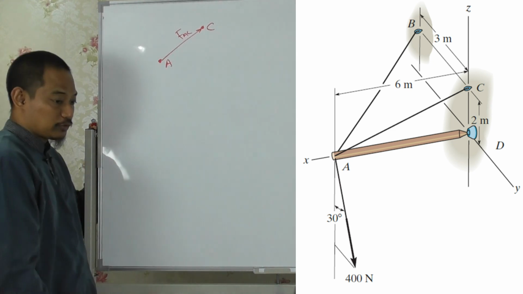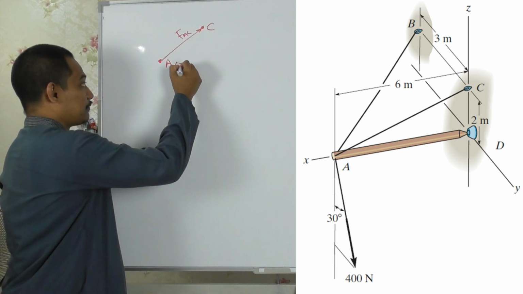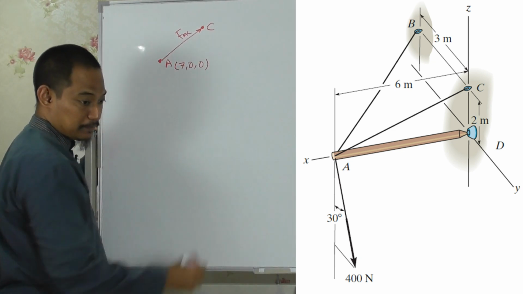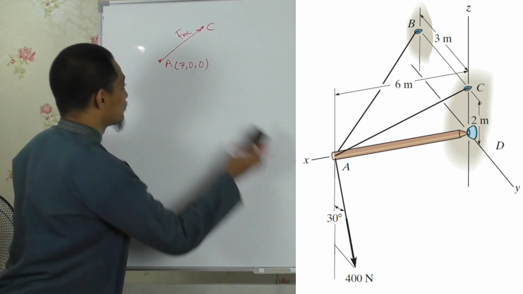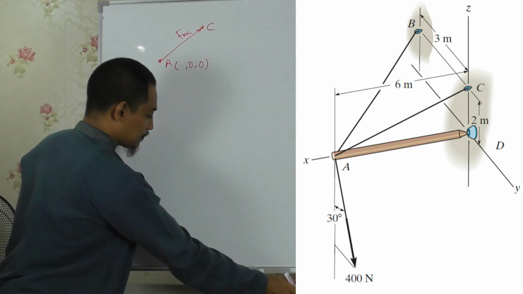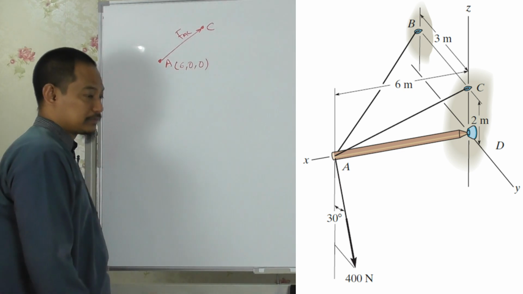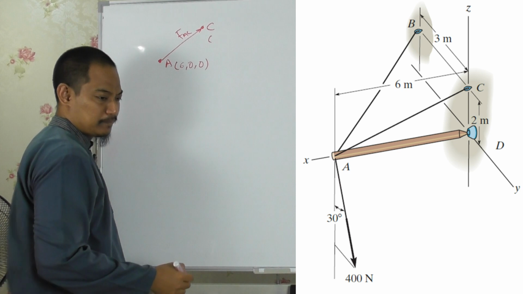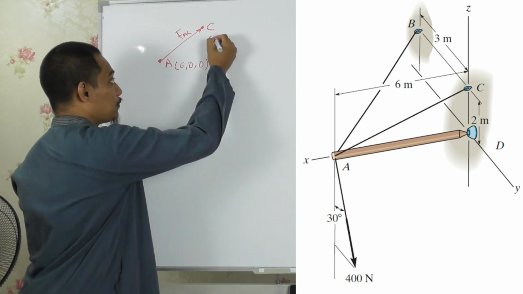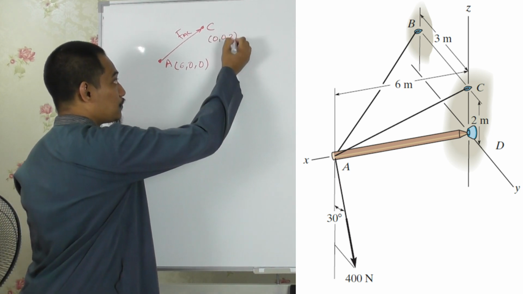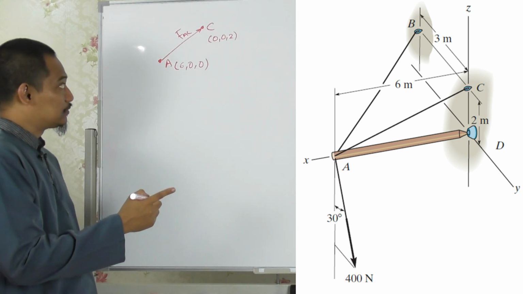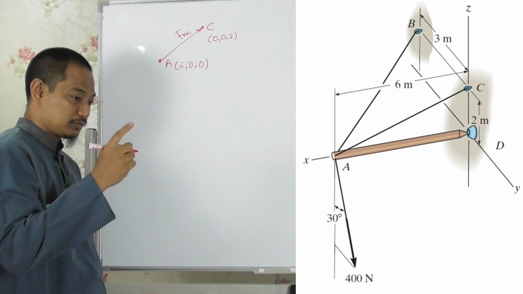Coordinate A is (6, 0, 0), and coordinate of C is (0, 0, 2).